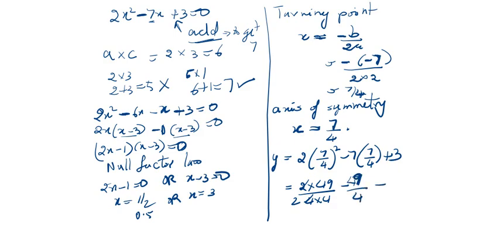Now I have to take my LCM, which is 8. So you get y is equal to, the whole thing over 8: 49 minus 2 times 49, which gives me negative 49, plus 3 times 8, which is 24.